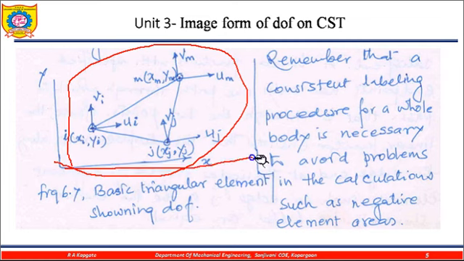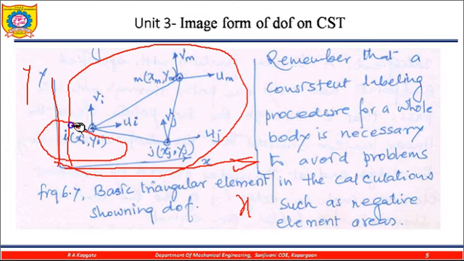This is my x-axis and this is my y-axis. Along the x-axis and y-axis I am writing the coordinates of I, J, M. For I the coordinates are xi, yi. For J the coordinates are xj, yj, and for the point M the coordinates are xm, ym.